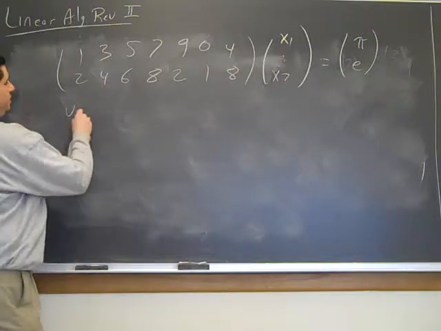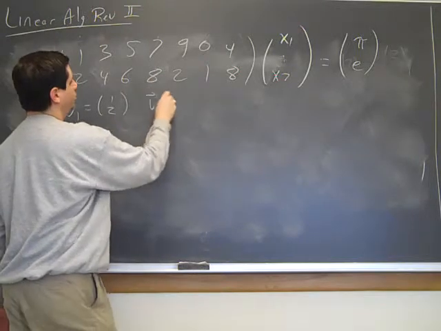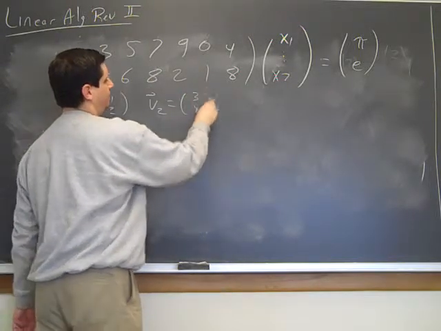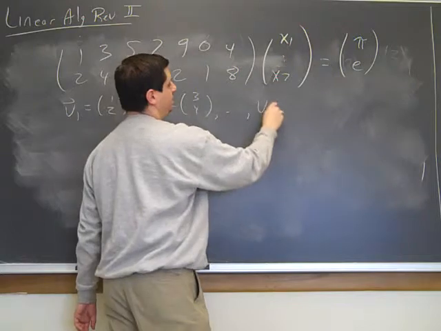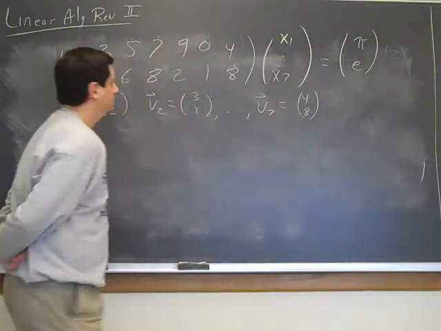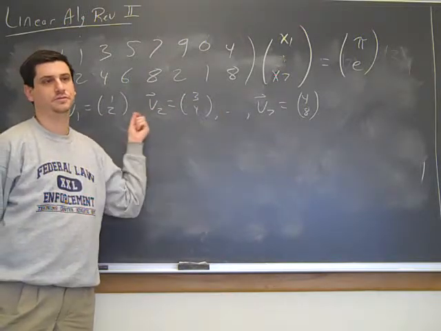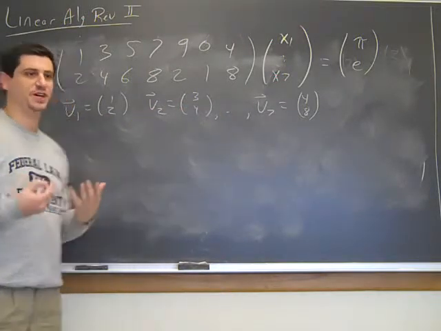So here, our vector v1 would be 1, 2. Our vector v2 would be 3, 4. And then v7 would be 4, 8. So are these vectors independent? No, we have 7 vectors in R2.